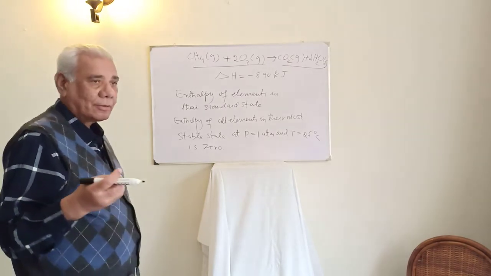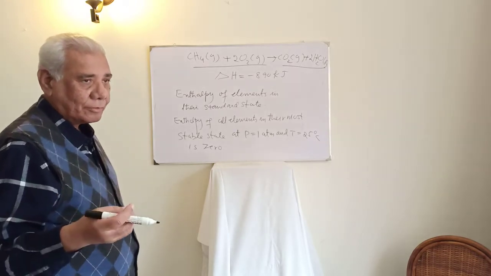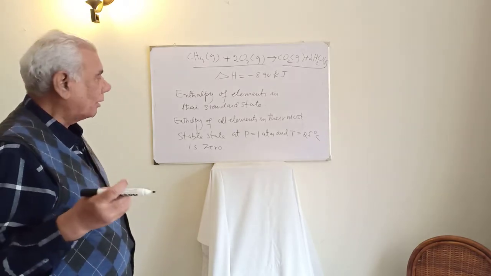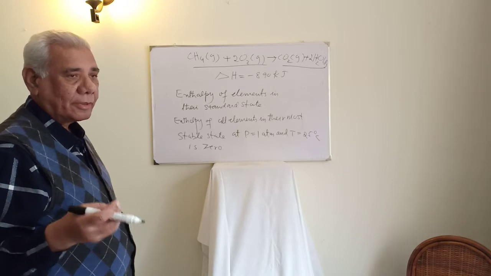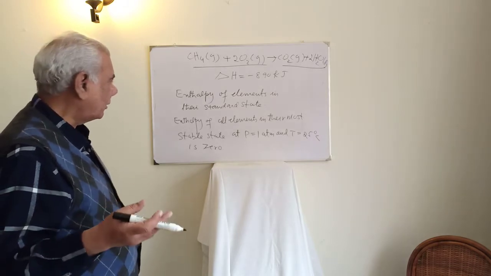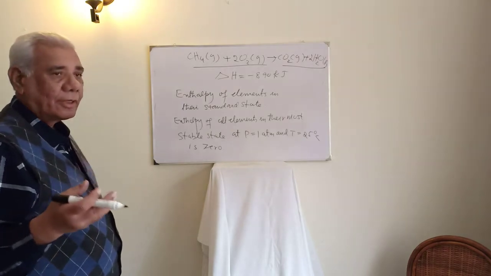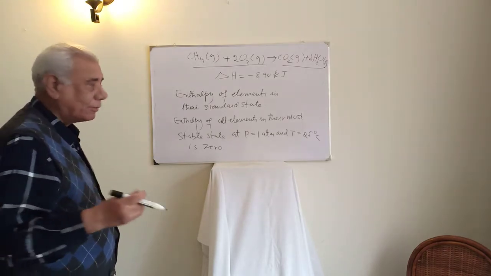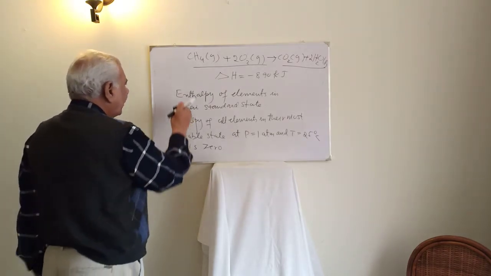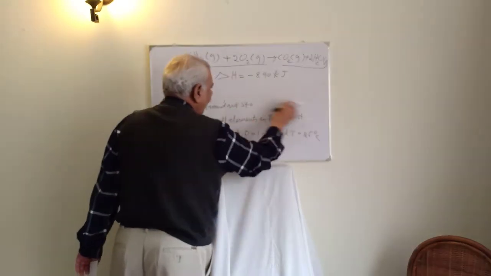It exists at a pressure of 1 atmosphere and 25 degrees centigrade as solid, that is the most stable form, and then the enthalpy of that is set equal to 0.